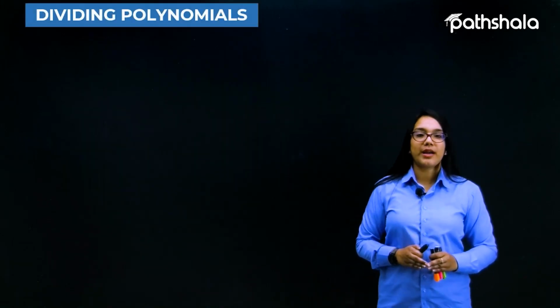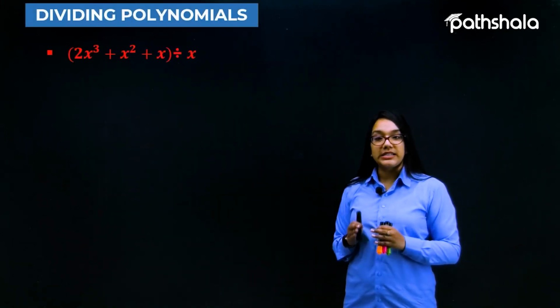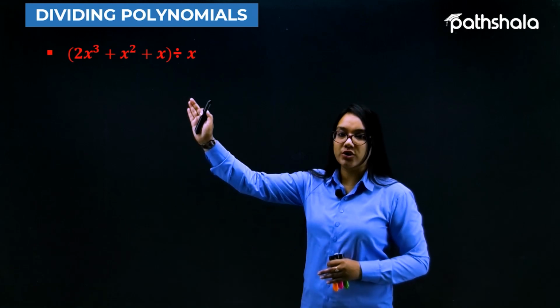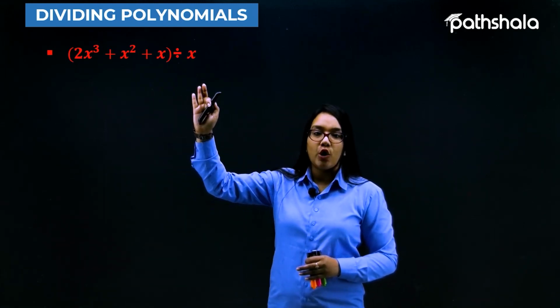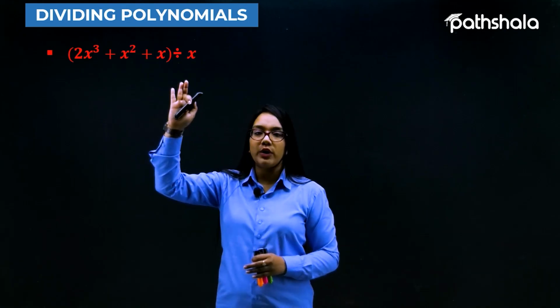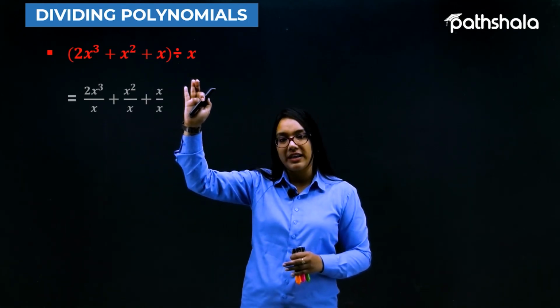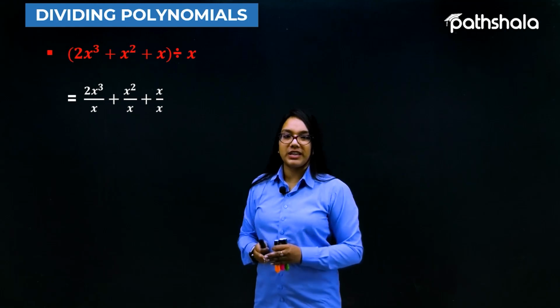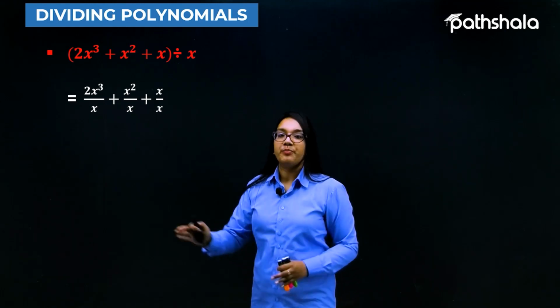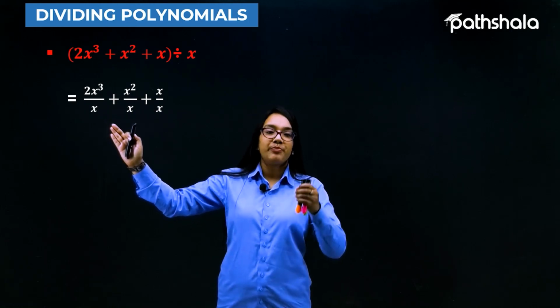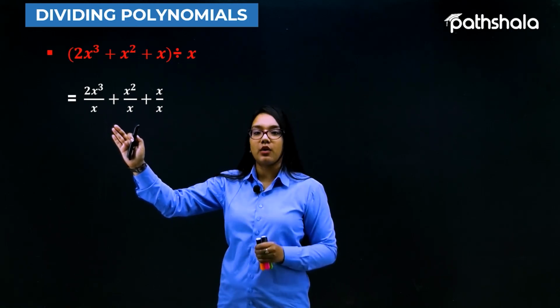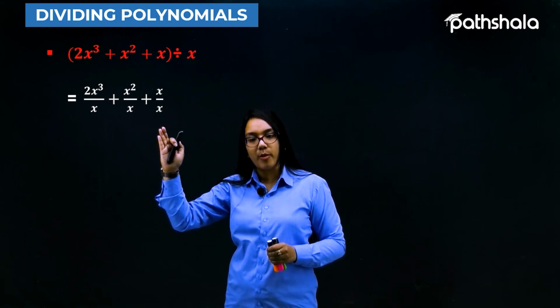So let us suppose I am considering two polynomials as 2x cube plus x square plus x, and another polynomial x, so we are dividing both of these polynomials. We can say x exists as a denominator of each and every term of the polynomial.